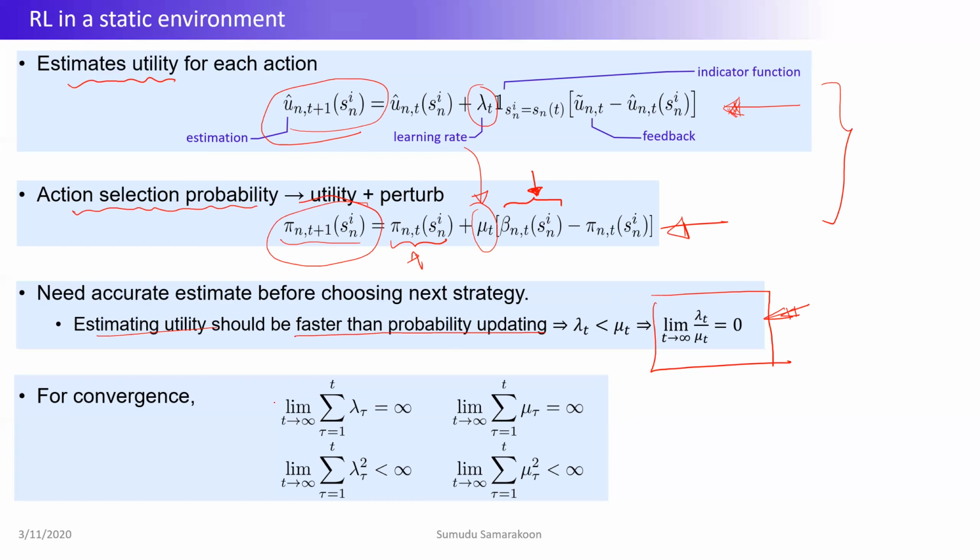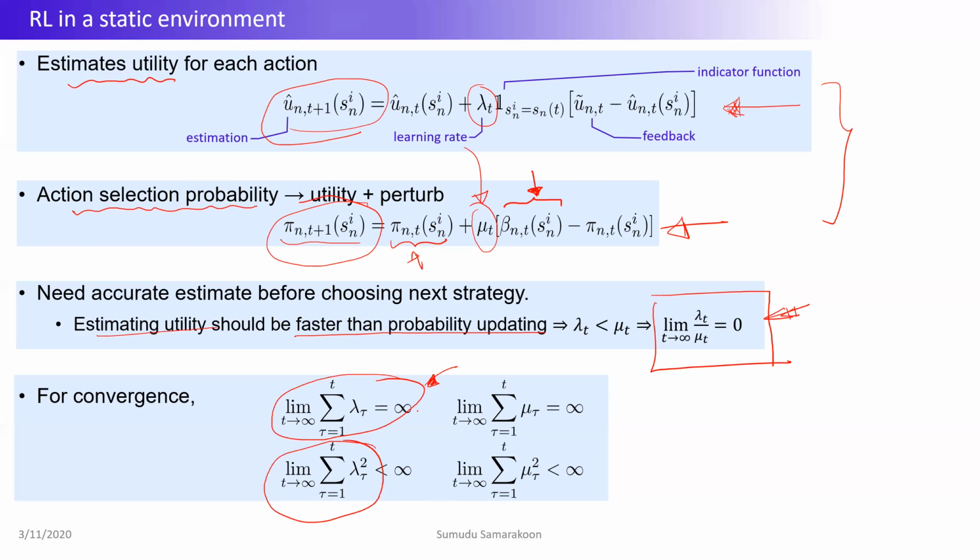So here, if we take the summation over the learning rate from time 1 to infinity, this needs to be diverged. The summation should be diverged, but the summation of the square term needs to be converged.